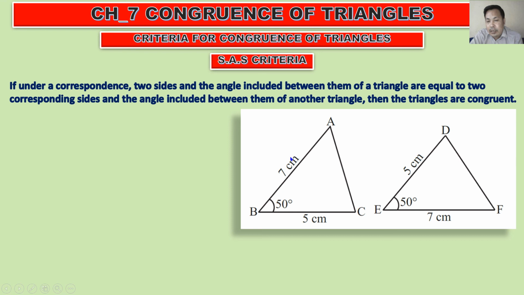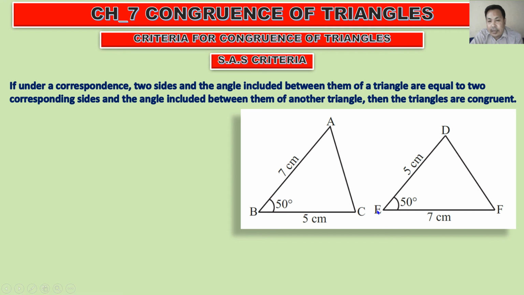So this angle formed in between these two sides is called the included angle, not angle A or angle C. Angle B and angle E are the included angles, and they are the same.